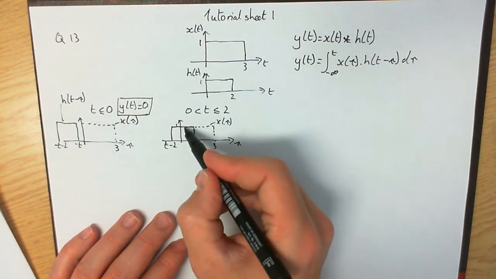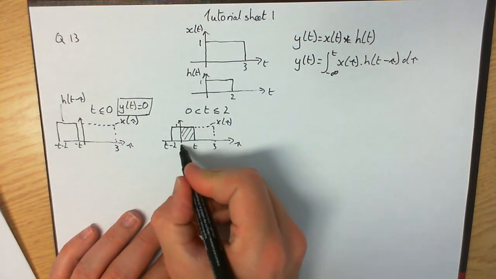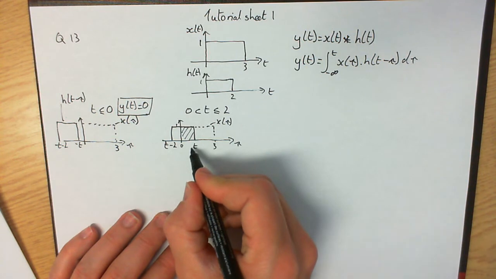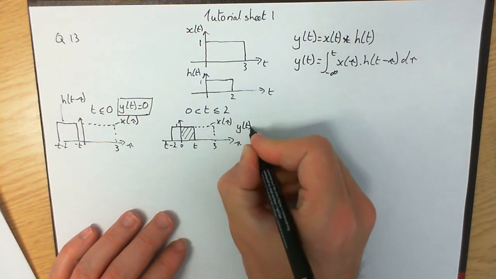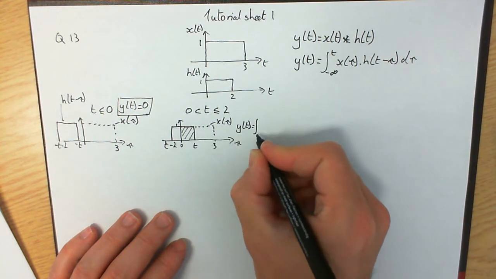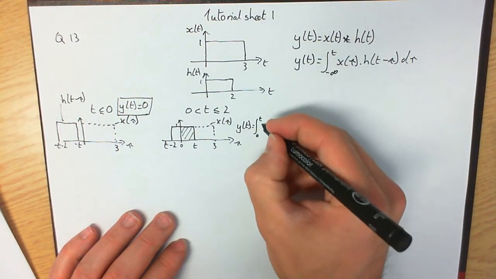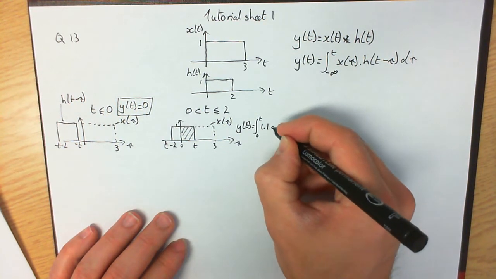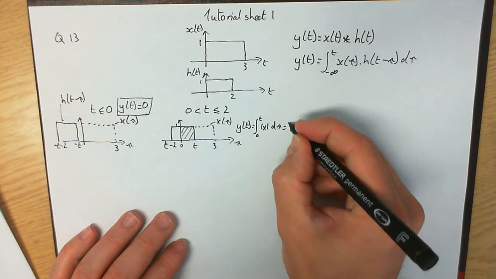Now the region in which these overlap is between 0 and t. And so the output, y of t, is equal to the integral from 0 to t of the amplitudes of both these functions, which are both 1, which is equal to t.